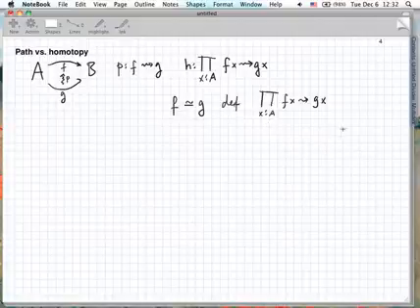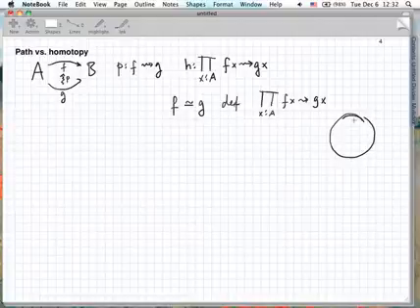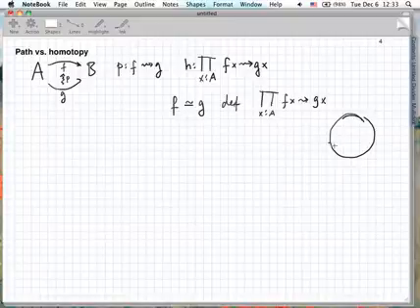The following thing wouldn't work. If I take the circle, and then I say, let's consider paths. If you have f of x and g of x, let's say we take f of x to be maybe the identity, and we take g of x to be the reflection across the x-axis. And then you say, well, there always is a path.